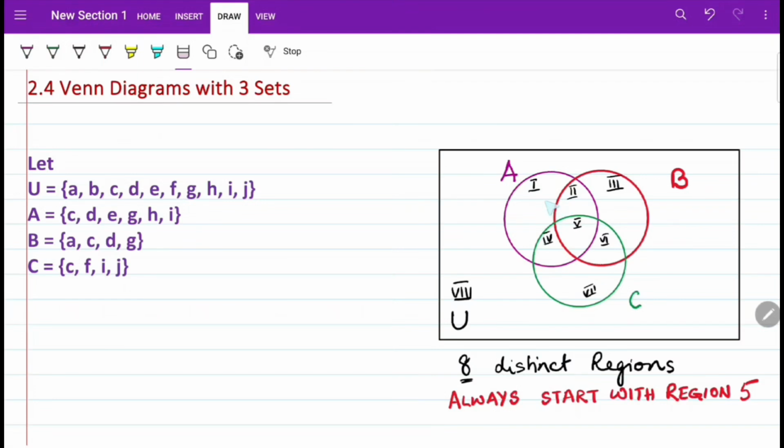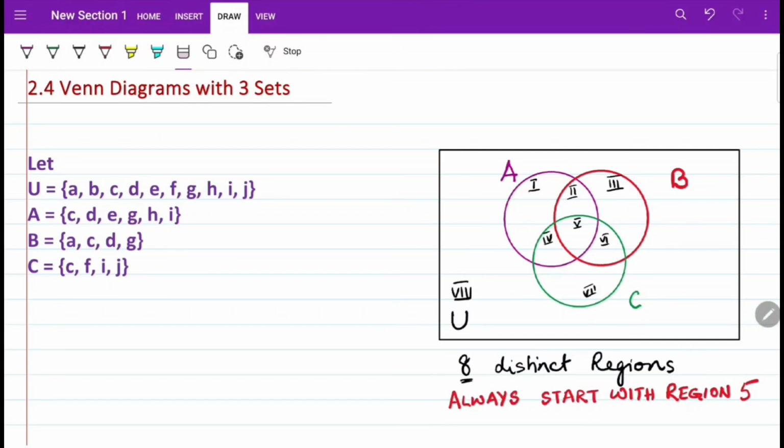And then we have the outermost regions, which region 1 is going to hold elements that are unique to set A. 3 is going to hold elements that are unique to B. And region 7 is going to hold elements that are unique to C. And region 8 is going to hold elements that are not contained in any of the 3 sets.